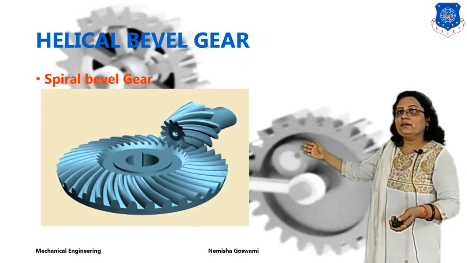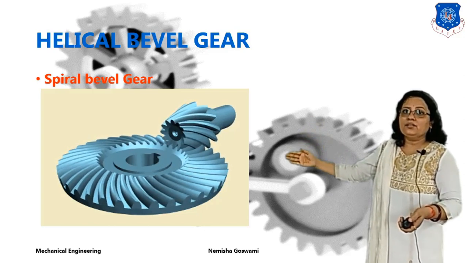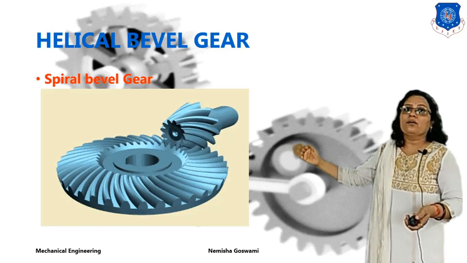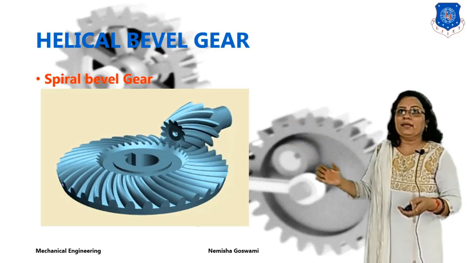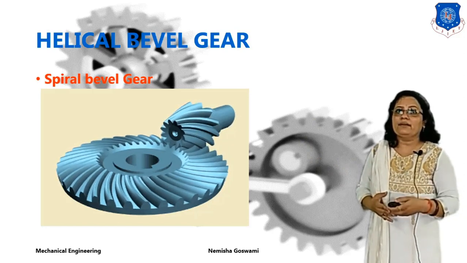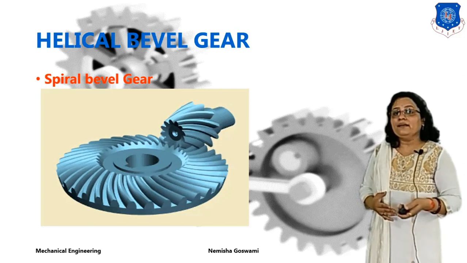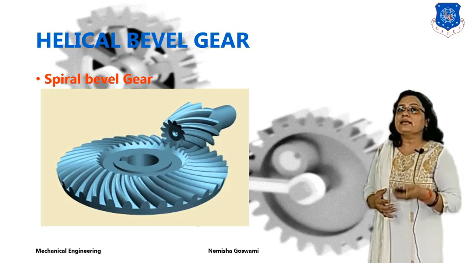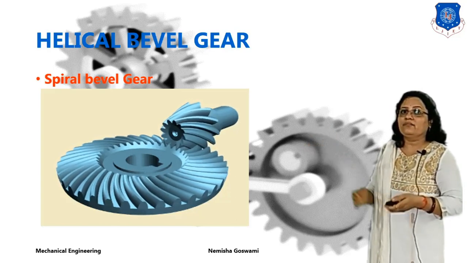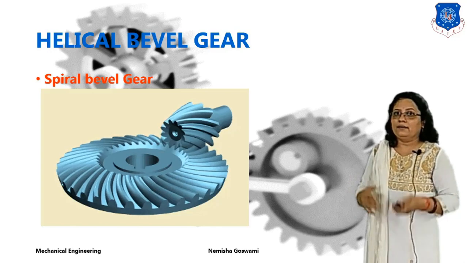In this type of gear you can see here the shaft axes are intersecting with each other, but the teeth are not parallel with respect to your shaft axis. So this is the main difference between your straight bevel gear and spiral bevel gear, right? So when the teeth are not parallel to your shaft axis and the shaft axes are intersecting with each other, these types of gears are known as helical gear.